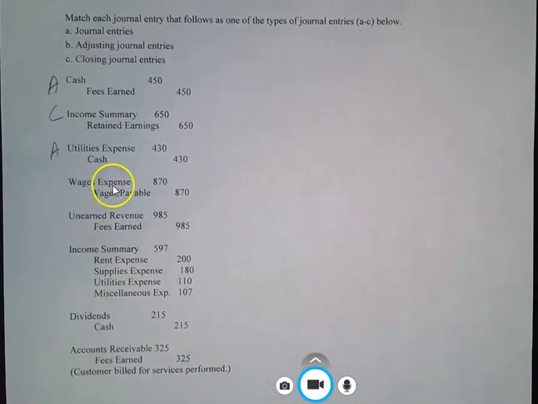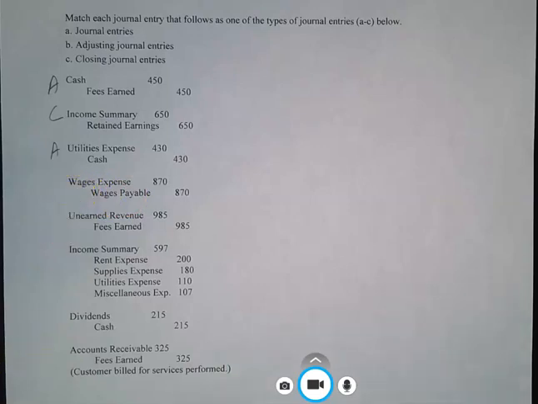Next one, wages expense, debit of $870, wages payable, credit of $870. Okay? So what we're talking about here is a situation where we have incurred a liability and we have recognized an expense. This is an example of an adjusting entry.